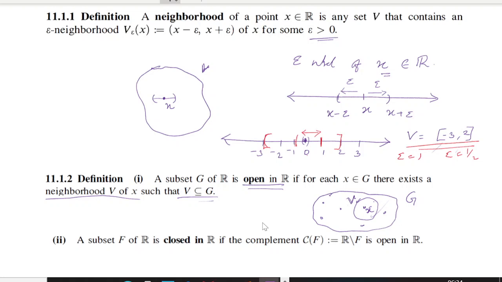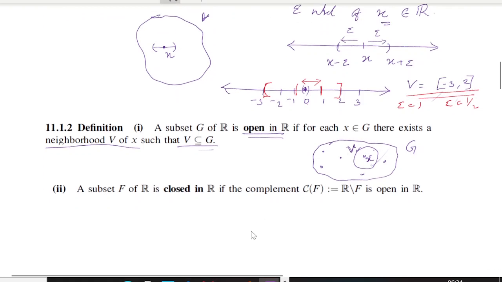Now we are moving formally to the definition of what is a closed set. A subset F of R is closed in R if the complement of that set, that is C of F, that is R minus F, is open in R. So what is the meaning of closed?